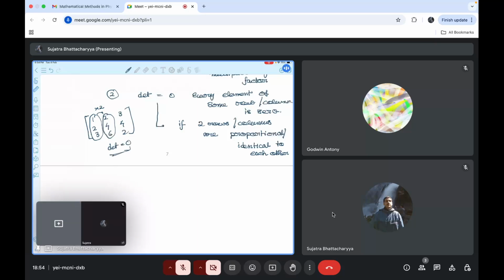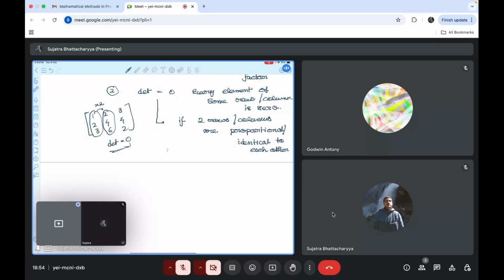So if the determinant is 0, then it is linearly dependent. Determinant is one of the criteria to understand whether a set of vectors is linearly dependent or independent. If the determinant comes out non-zero, then it is linearly independent. If it is 0, then it is dependent. This actually comes from the property of the determinant.